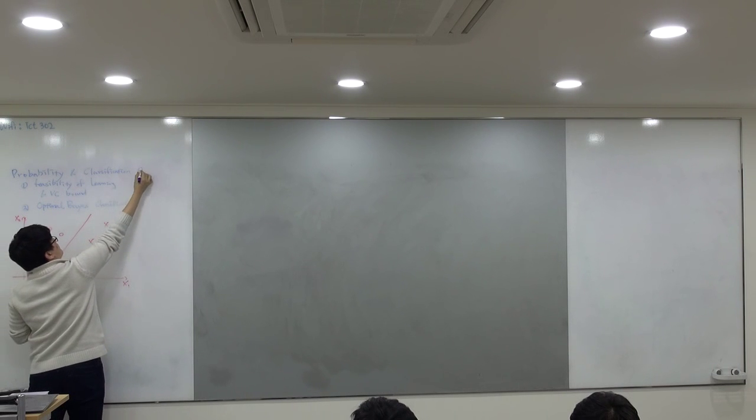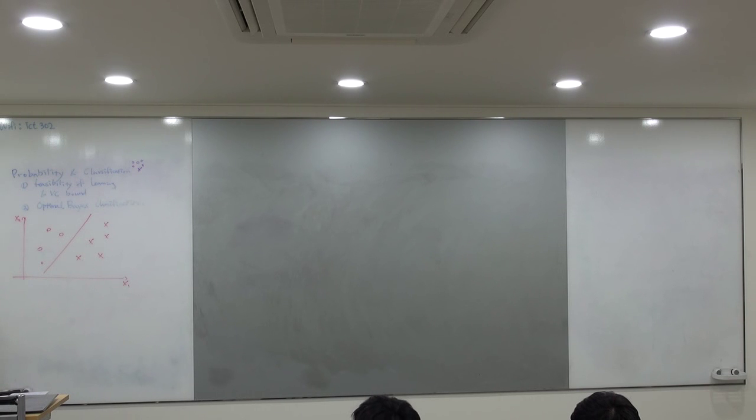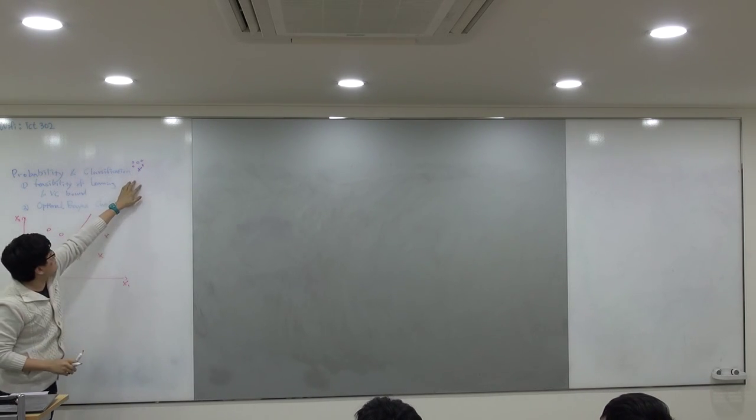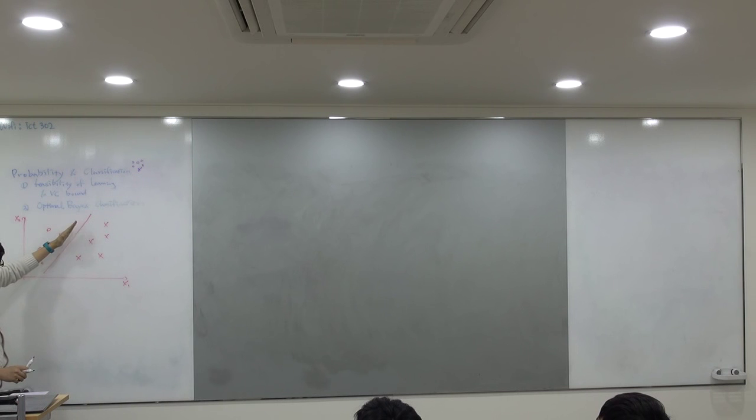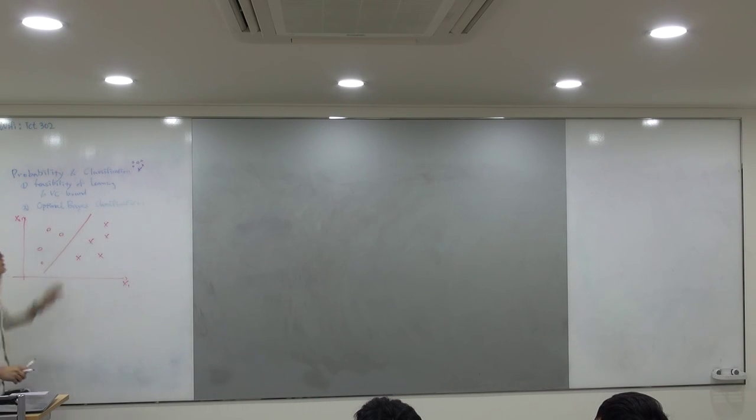The class is not reversed, but you don't expect this kind of testing data set. If you have this kind of testing data set, moving the classification line just a little bit will significantly change the way the classifier works on the testing data set. Right? So you don't expect this kind of testing data set or this kind of reverse testing data set.